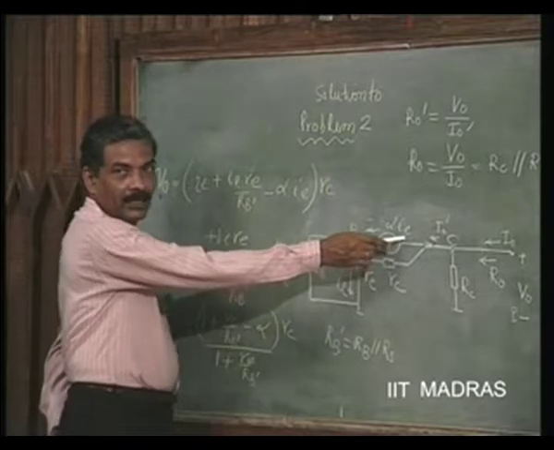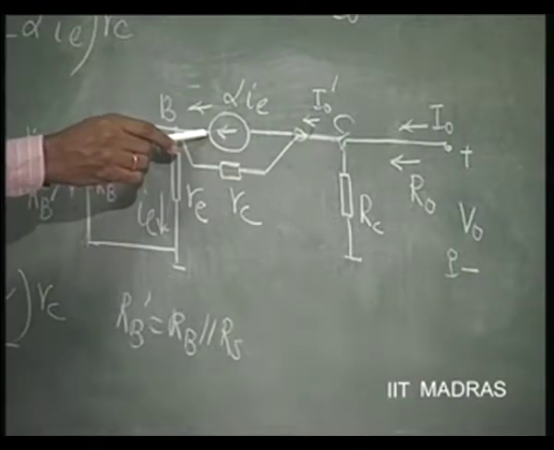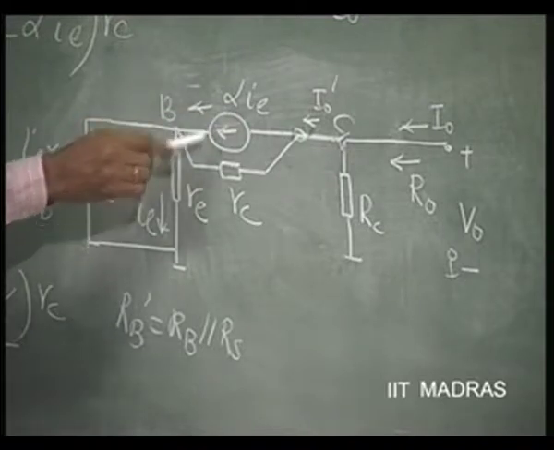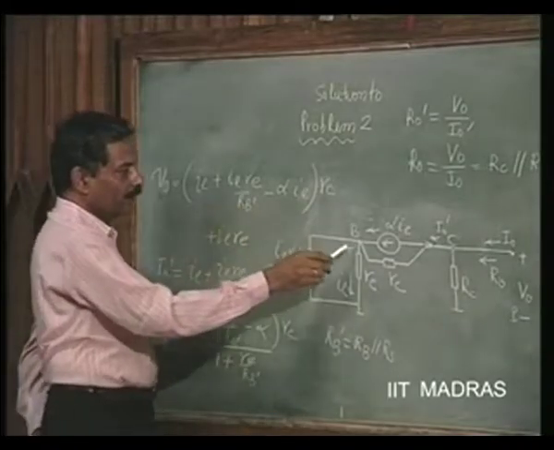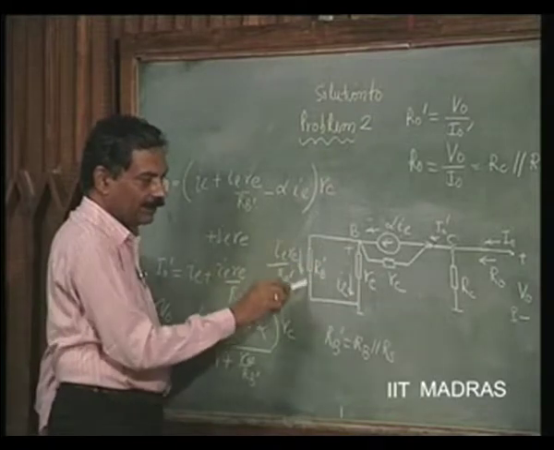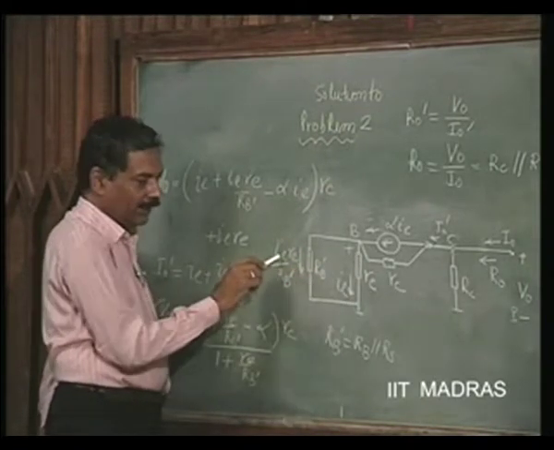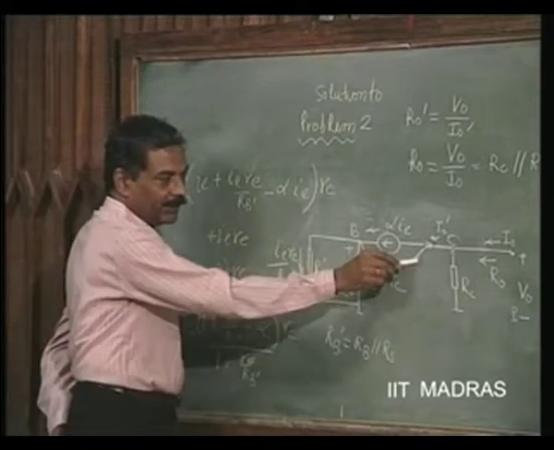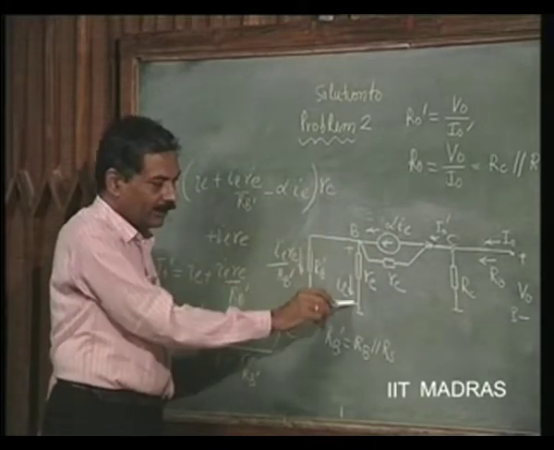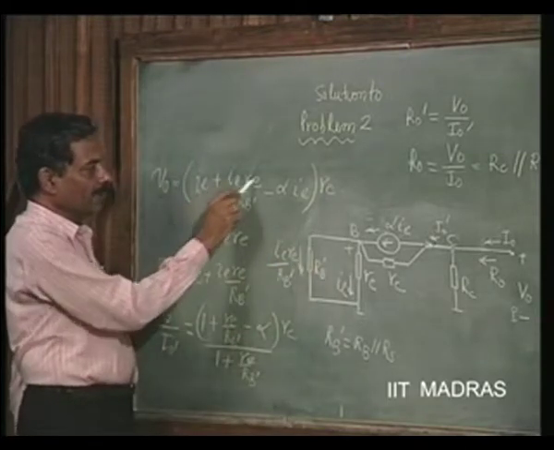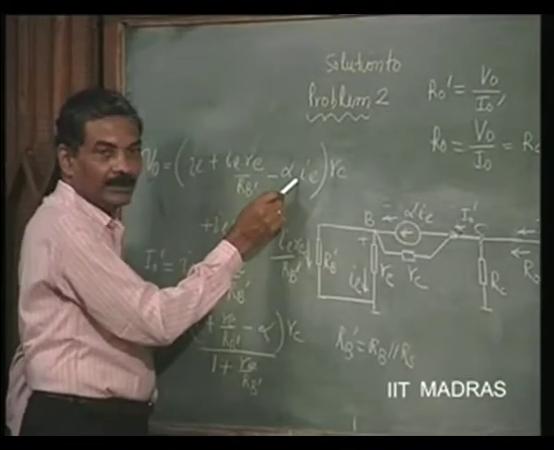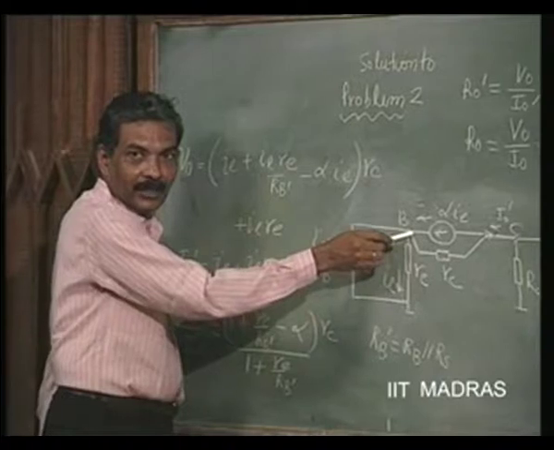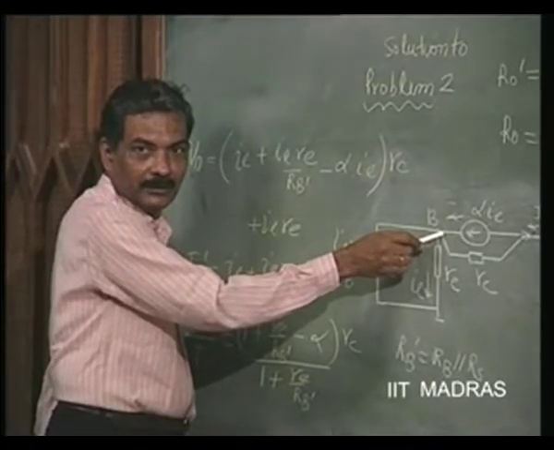This is alpha times IE. Is this clear? This current is alpha times IE, and this has to be subtracted from the total current, which is IE plus IE RE by RB dash, then that will be the current in RC. From this total current, I subtract alpha times IE, and that will be the current through RC.